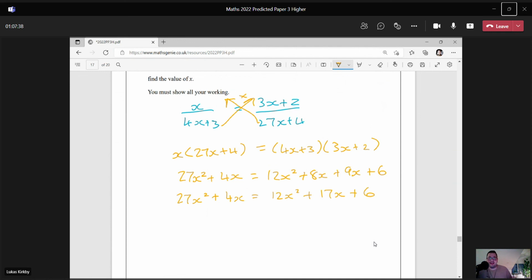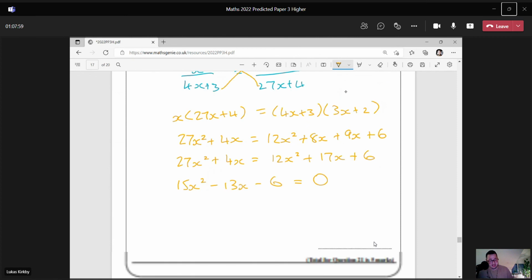Now I want to bring everything to the left hand side. So 27x squared take away 12x squared is going to give me 15x squared. 4x take away 17x is going to be minus 13x. And minus 6 is going to be 0.